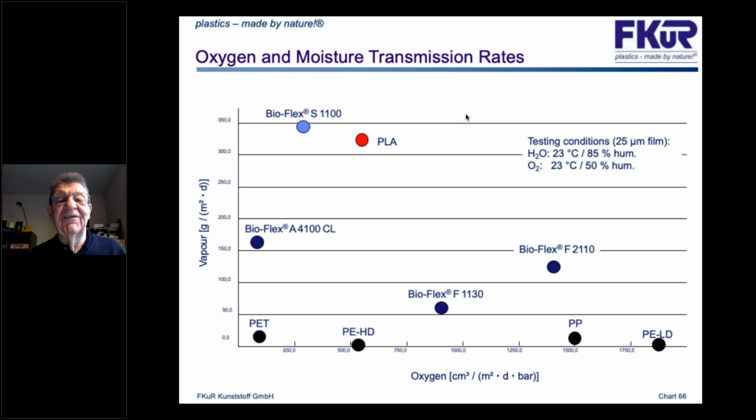And the PHAs, one of the advantages of those is they will biodegrade under many conditions. So if they get into the litter stream, they can biodegrade in soil, they can biodegrade in marine. But the idea is not to get them into the litter stream, but if they do get in, that they will disappear rapidly.